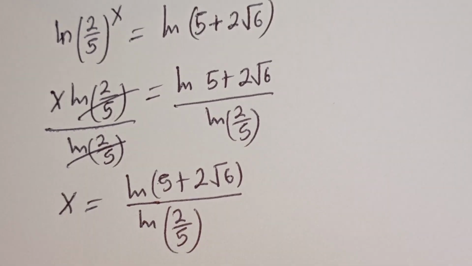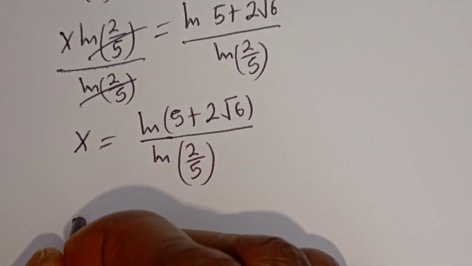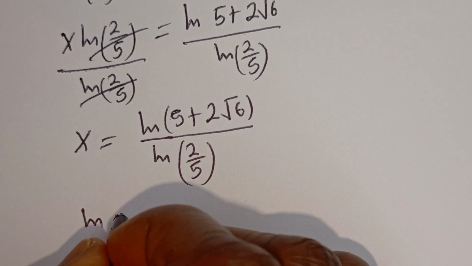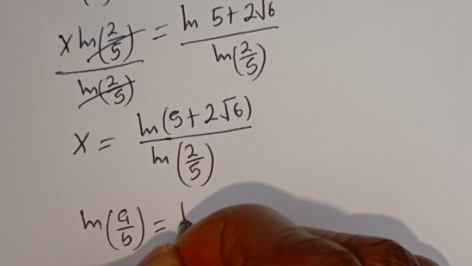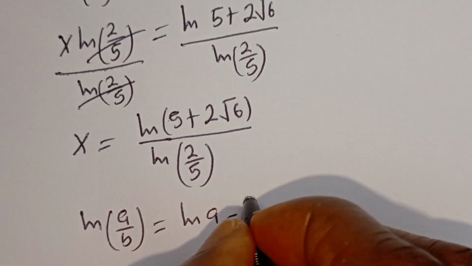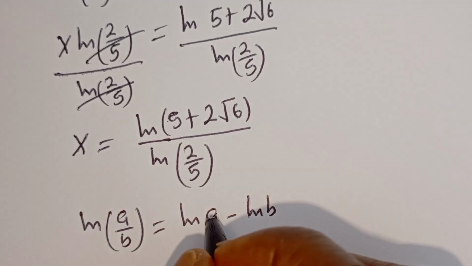Now take note of this, that if you have ln of a divided by b, this is equal to ln of a minus ln of b.